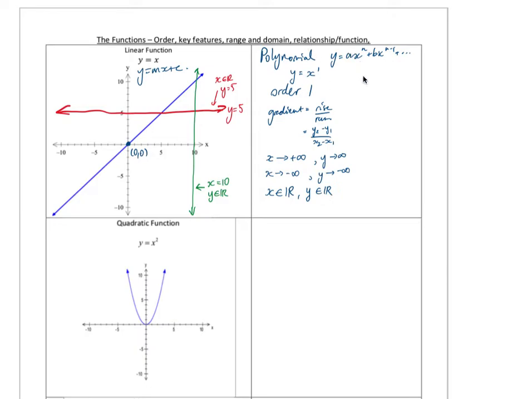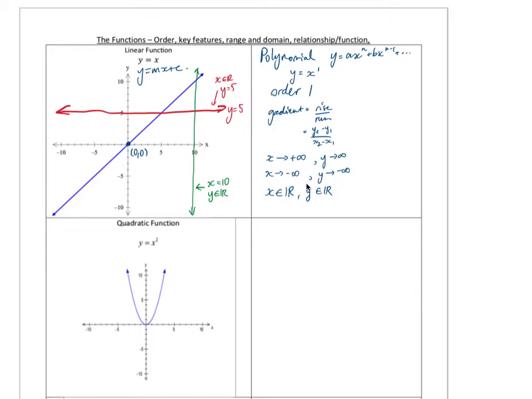What's our relationship and function? Well, we can see that for one x value, it produces one y value. There's not multiple x values that produce the same y value in this case. Like x is 2, y is 2, x is 5, y is 5. There's no multiple y values coming out, and there's no multiple x values.